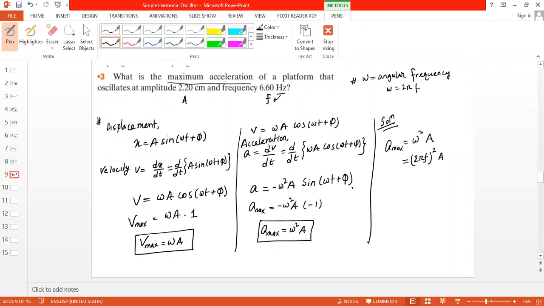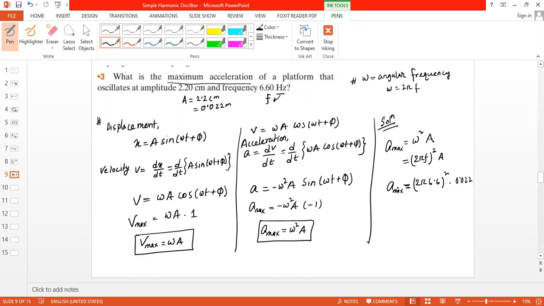A good practice is to convert it into meter. Amplitude is 2.2 divided by 100, that is 0.022 meter. So a max will be equal to (2 pi times 6.6) whole square into 0.022. So this should be the answer.